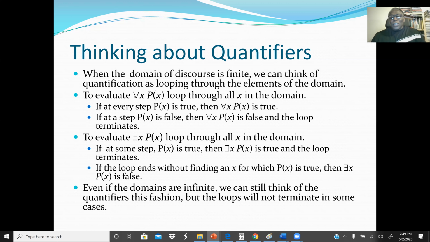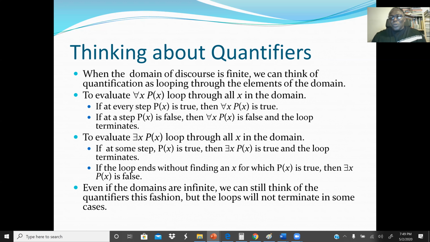So to evaluate ∀x P(x), loop through all x in the domain. If at every step P(x) is true, then ∀x P(x) is true. In this case, let's say we are using x greater than 0 up to 10.